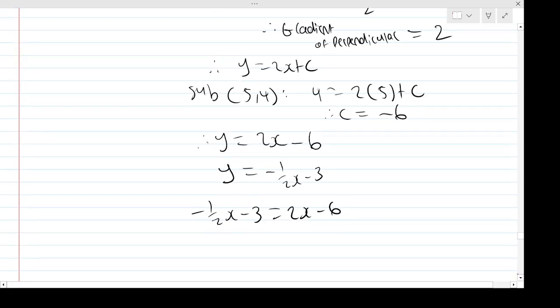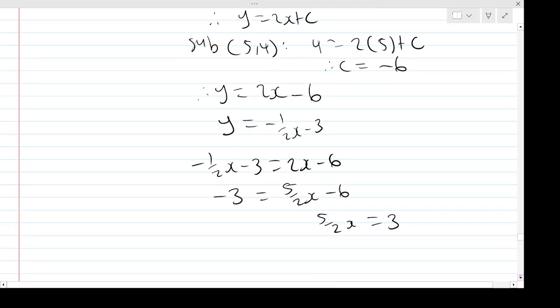Then if I add half x, I'll get minus 3 equals 5 over 2 x, because 2 add a half is 5 over 2, minus 6. If I then add 6 to both sides, I get plus 3. Then I get that x, if I divide by 5 over 2, 3 divided by 5 over 2 gets me 6 over 5.